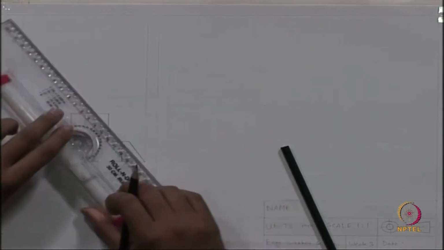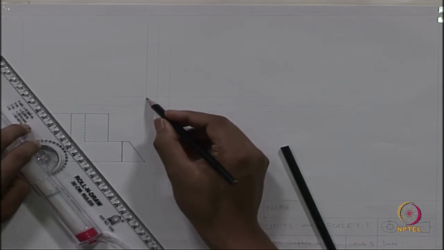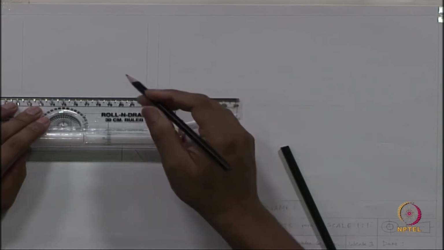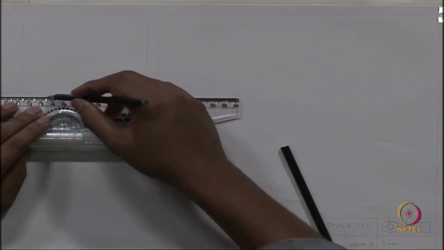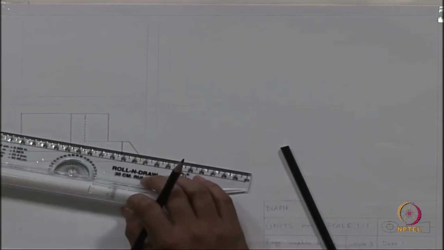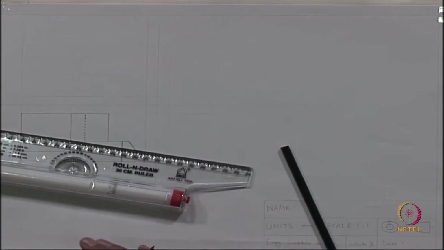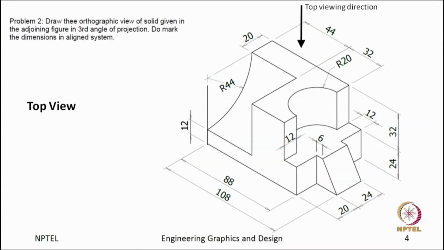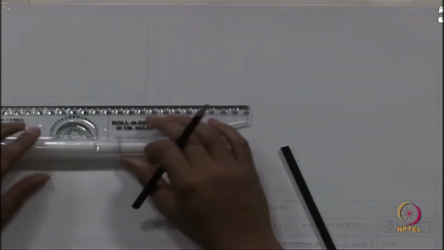and already I have taken the 10 millimeter gap from the reference line. So, while drawing the top view, this is our top viewing direction. So, what we will see in the top view? We will see the length of 108, and we will see the width of the object. The width is 20 plus 44, 64. So, the lengthwise we are done.